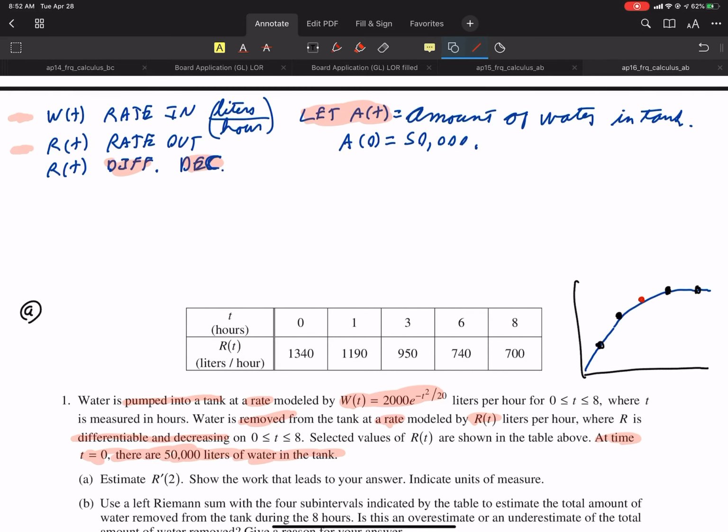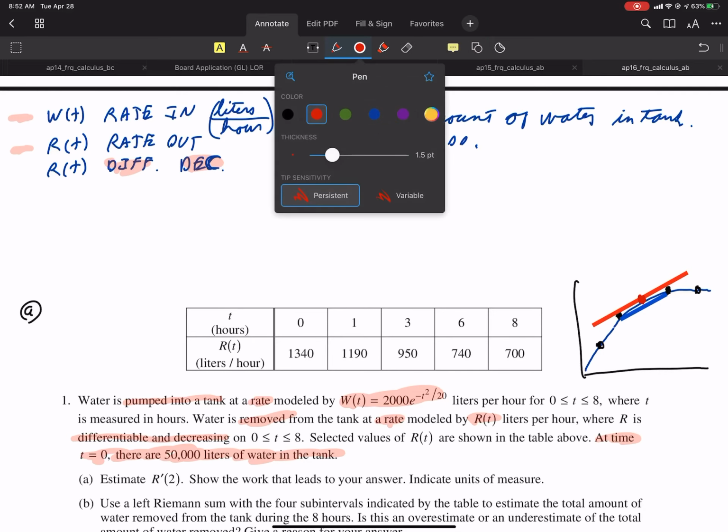It would be the slope of the line tangent at that point. Well, how do I find that? I don't have any of that information. I don't know the equation of the blue line. So the logical thing to do is to take the slope of those two points around that, and that will approximate the slope. That's all we're going to do.